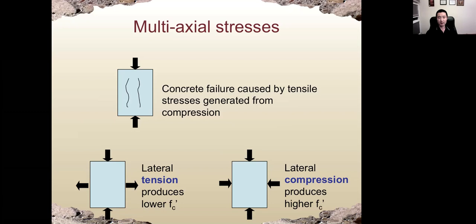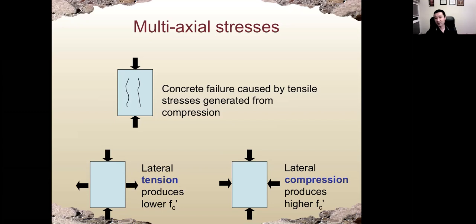If we have more than one axial stress, like in this example, where we have vertical compression but lateral tension, that will reduce the strength because that will increase the tensile stress in the horizontal direction, so the concrete will crack earlier.